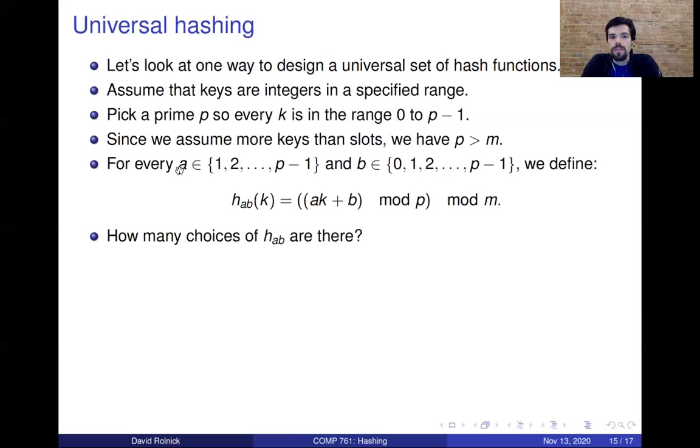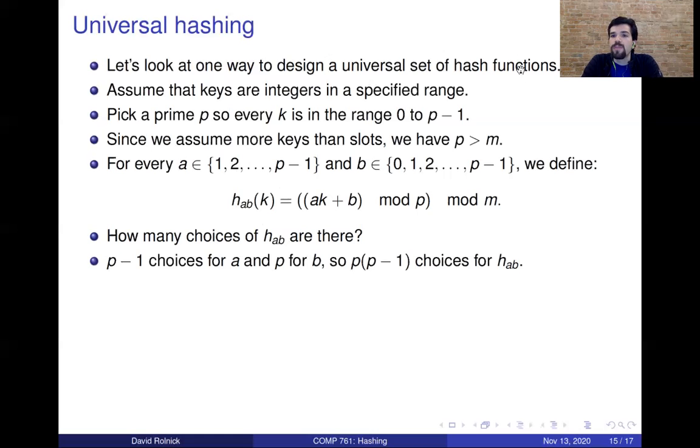We're picking a and b, and a has p minus 1 choices and b has p choices. So we get p times p minus 1 choices for the hash function.